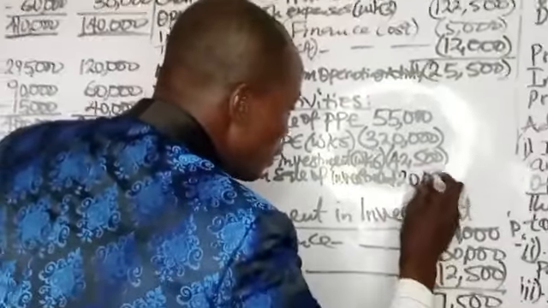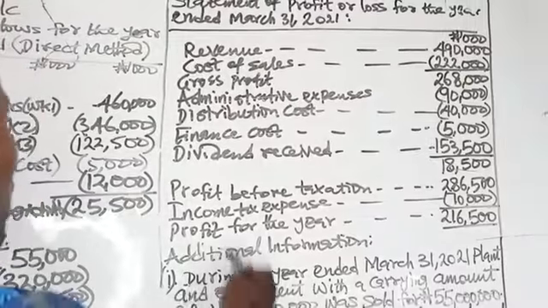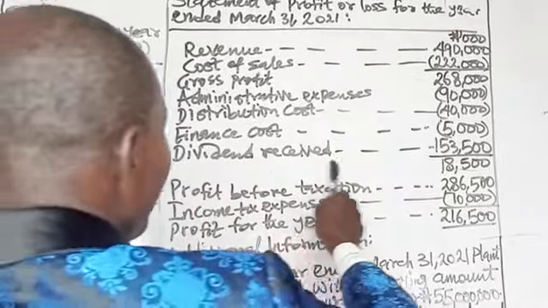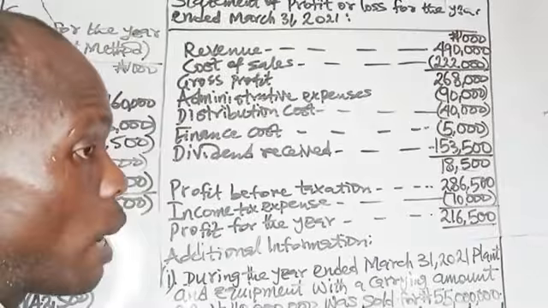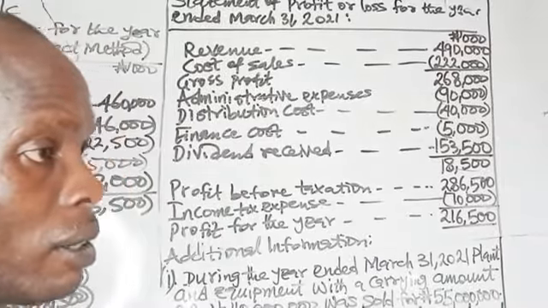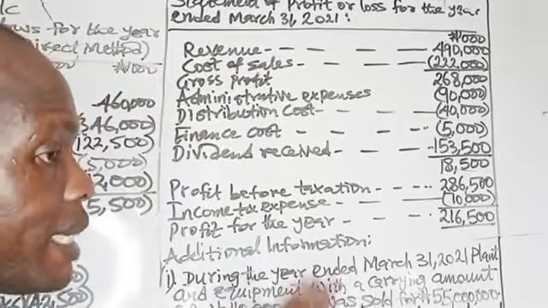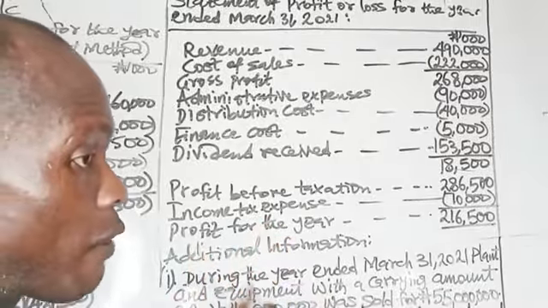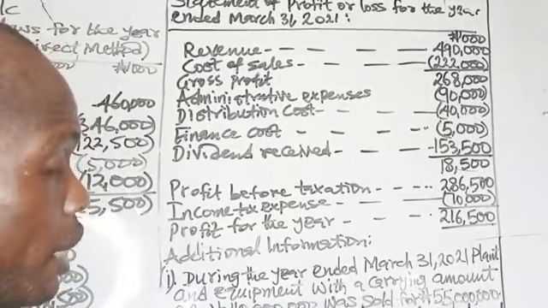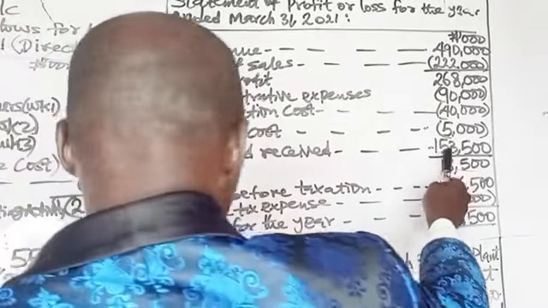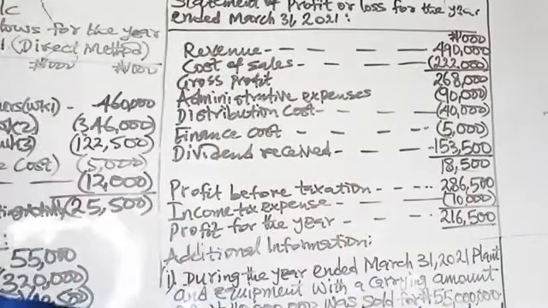If you go through the statement of profit or loss, you have dividend received, 153.5 million. And if you check note 5, we were told that dividend received were from investment in shares and immediate disposal of rights issue from the investment in shares in a blue chip company. So dividend received will be reported as investing activities.